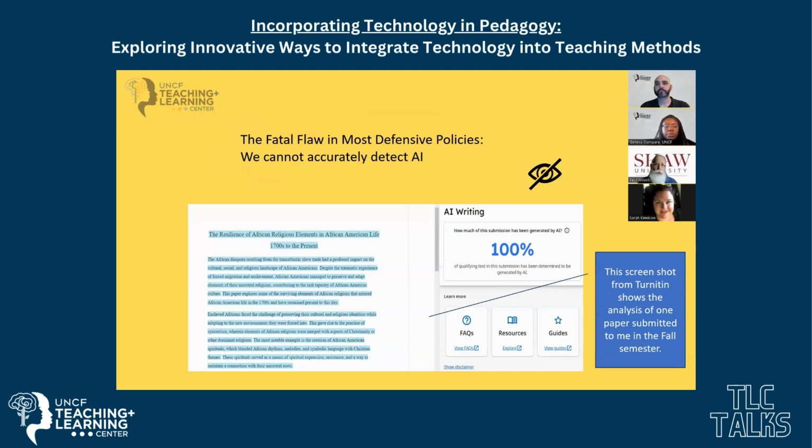What you see here is a product that was submitted to me in the fall. And the screenshot is showing what Turnitin says. I would have you know that Vanderbilt University, Harvard, and others have turned off that Turnitin capability, just because of this problem. Next slide, please.